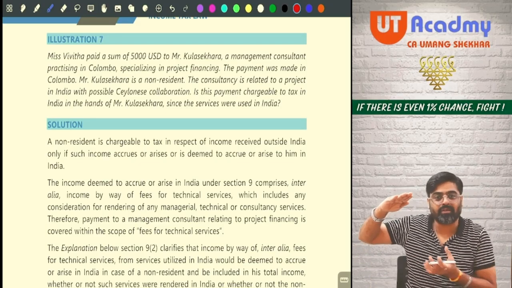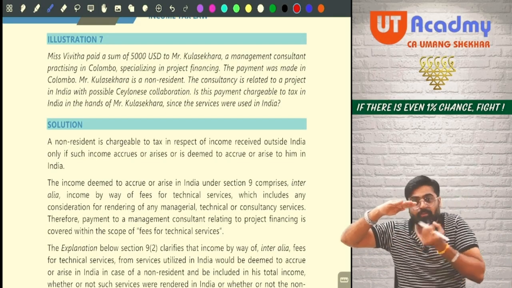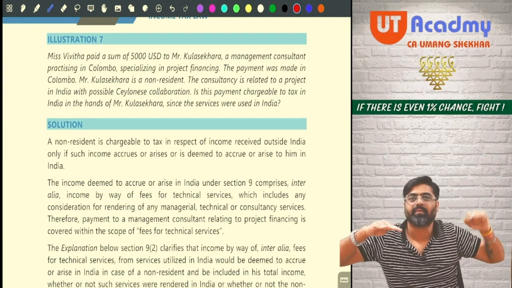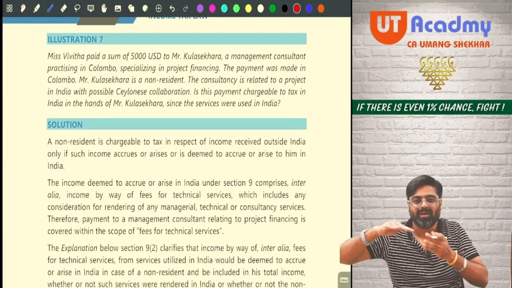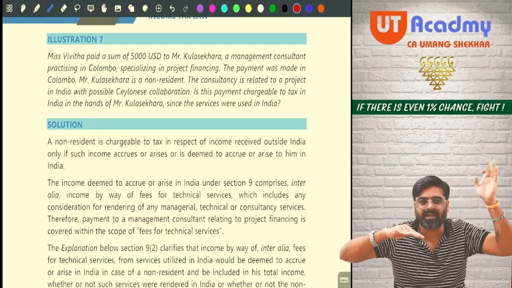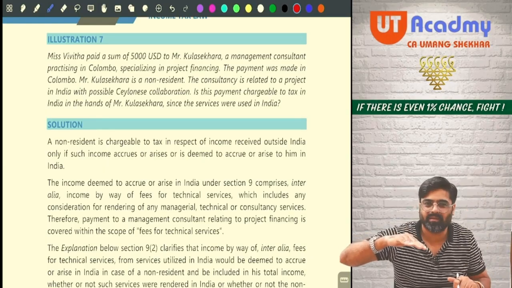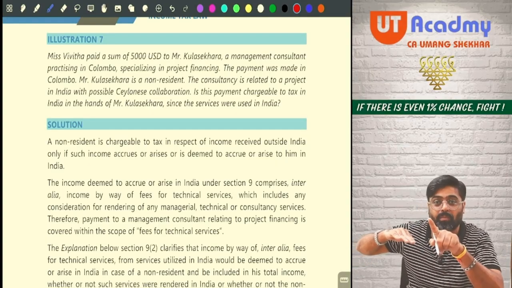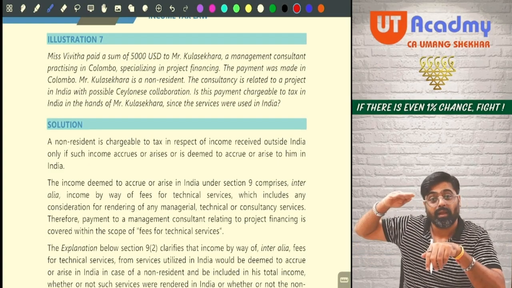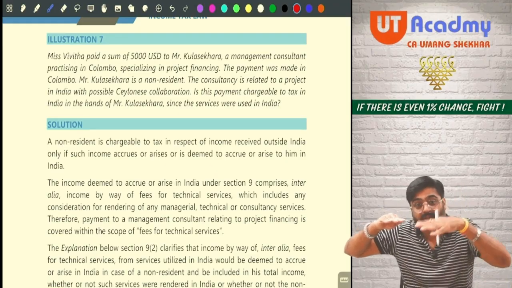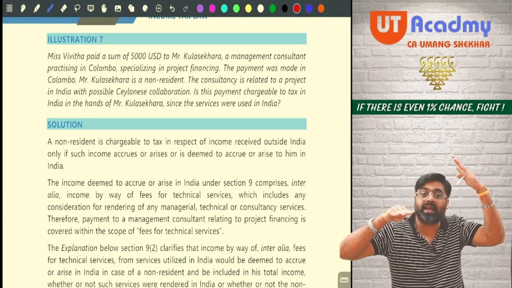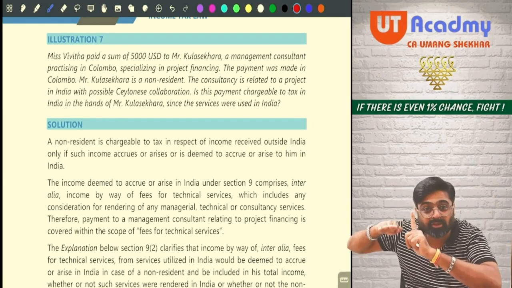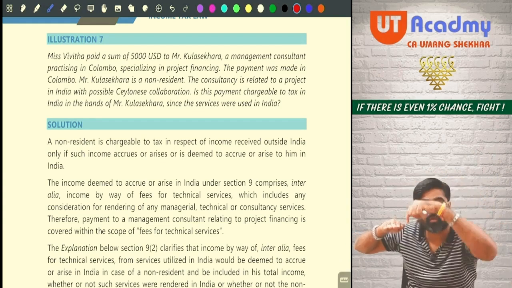So Vivita has a project in India, and this project has some connection with Sri Lanka. But wait, this connection in Sri Lanka will not affect my interpretation. They are trying to deliberately put you in trouble. Whatever it is, for this project only you took the services of Kulshekara, no?